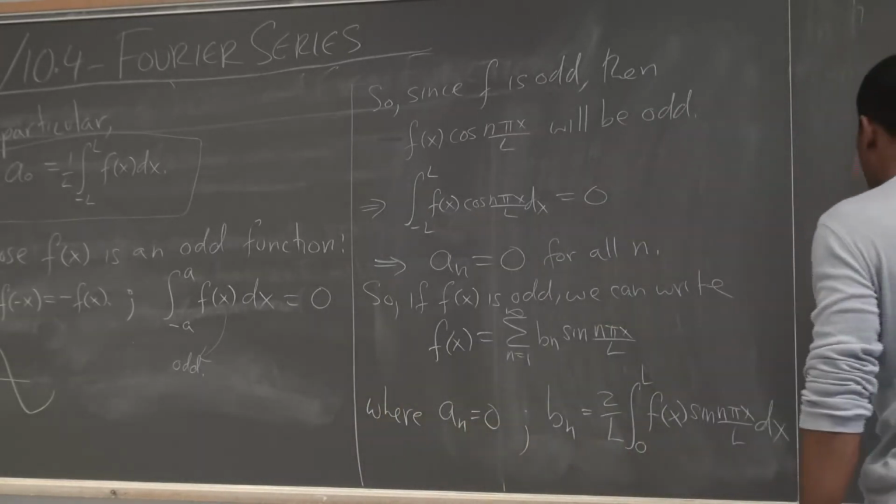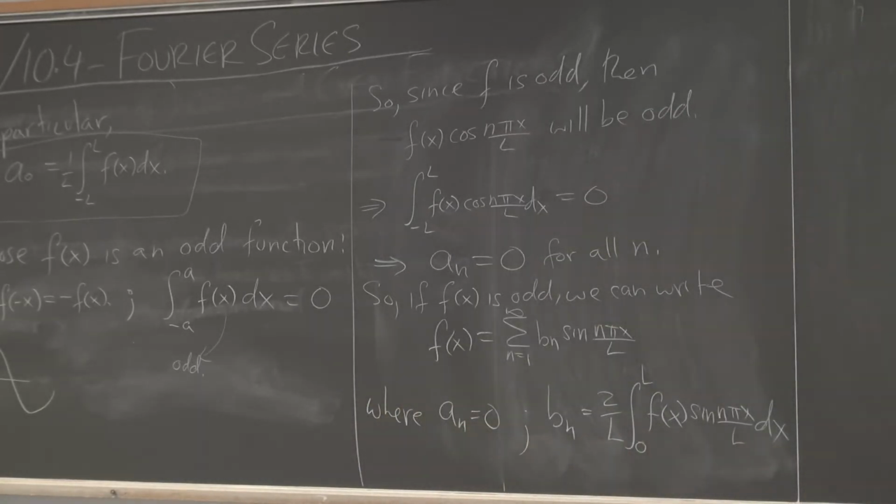An odd function times an odd function is even. So that's why we can do that.